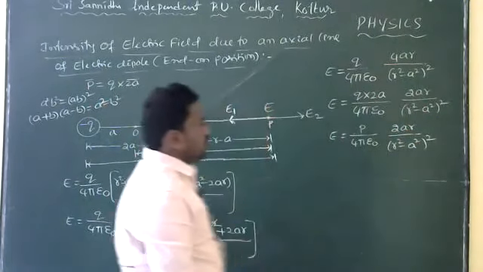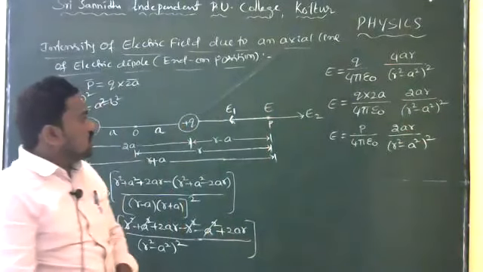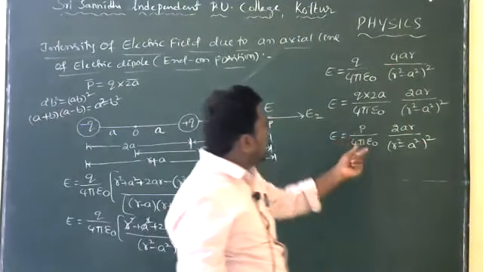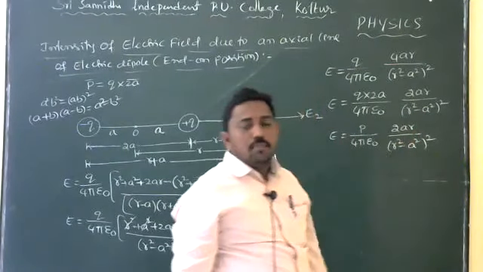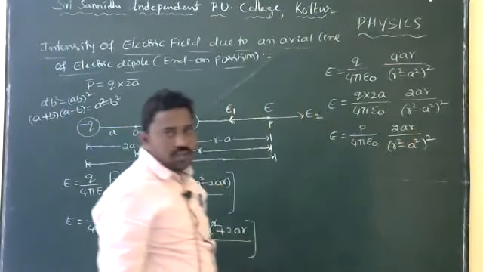So this is E: E is equal to P divided by 4 pi epsilon naught, 2AR divided by (R² − A²) whole squared.